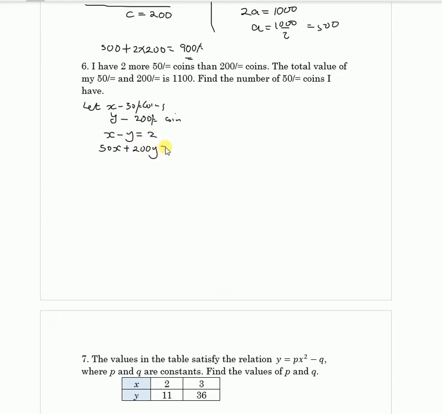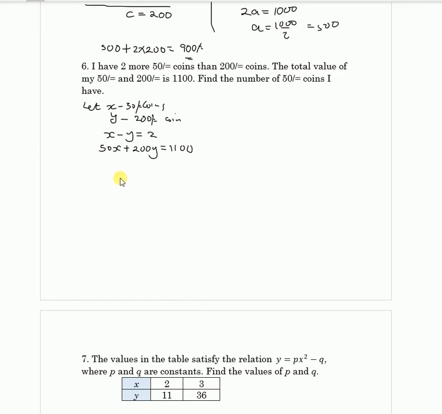I shall get 1100. That's the value. How many 50 shilling coins do you have is the value of x. So how much money do you have? I have 1,100. How do you get that money? Multiply 50 times the number of 50 coins I have, plus multiply 200 times the number of 200 coins I have, and you get that.